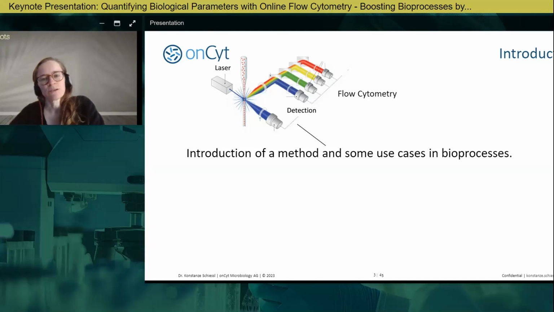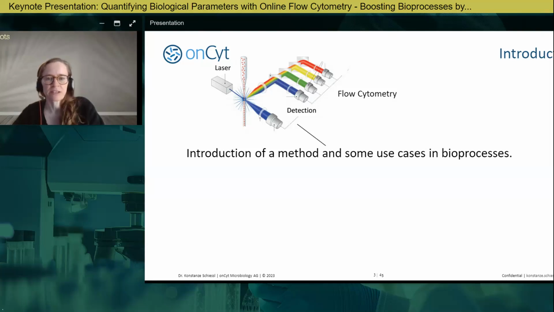It is called flow cytometry because it uses a water stream where cells are separated within. And cytometry comes from measuring the cell.